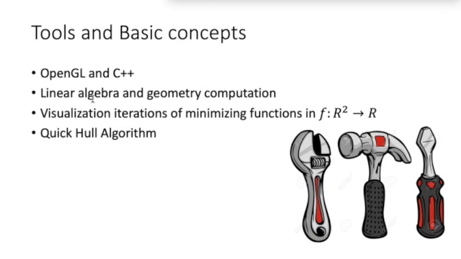I will also use the knowledge of linear algebra and geometric computation to do the key implementation for the abstract algorithm. I will visualize each iteration for minimizing a function from two dimensions to one dimension, and then I will implement the key algorithm.